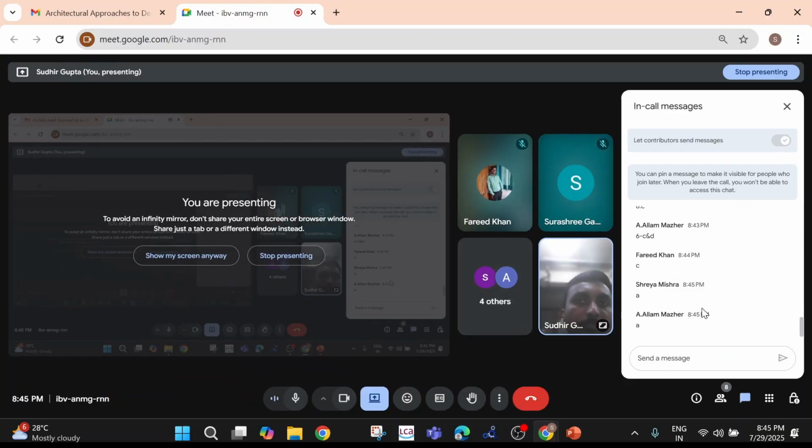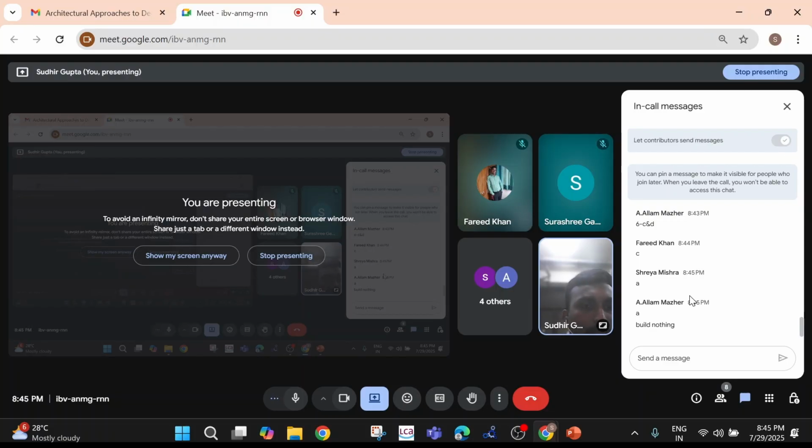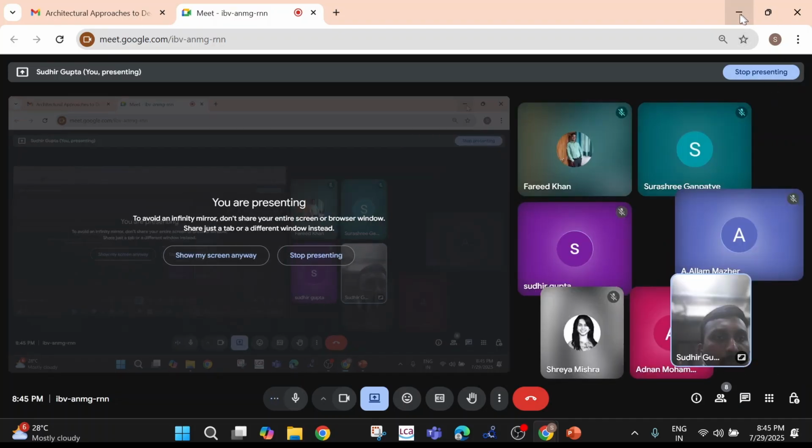You can refer to the slides as well. Yeah, now as I can see, Shreya and Alam are going in the right direction and opting for option A. Yes. So option A is the correct answer for this particular question.